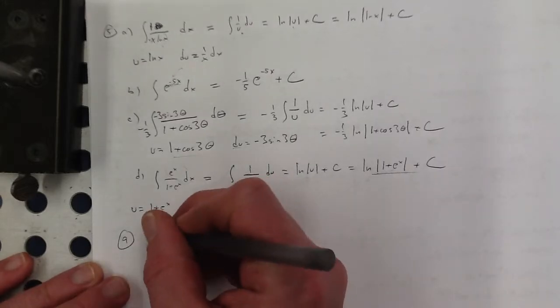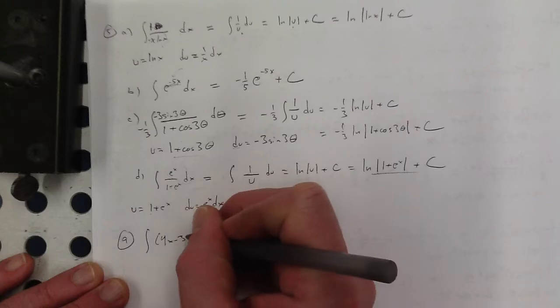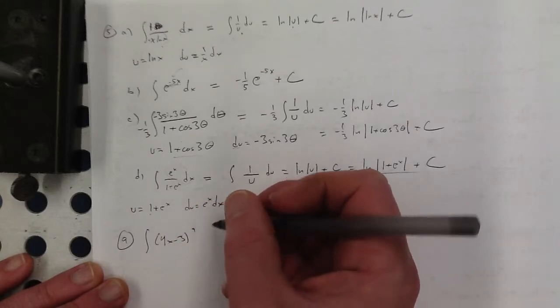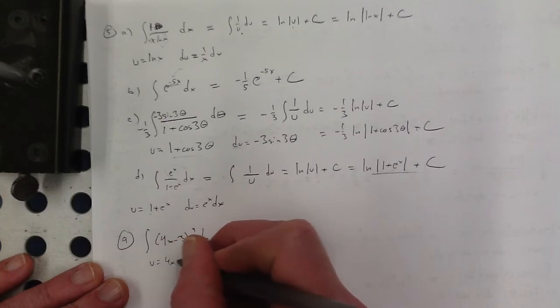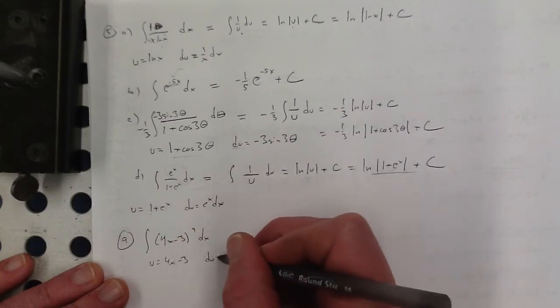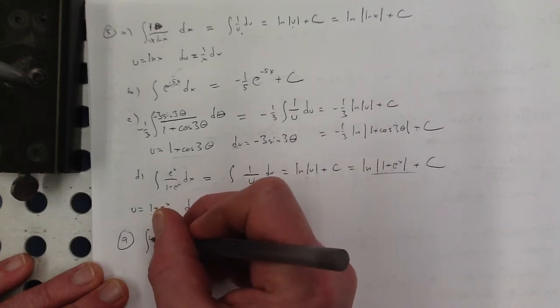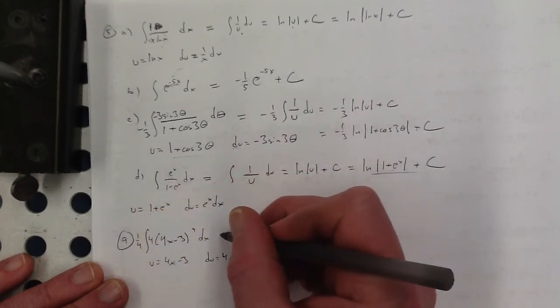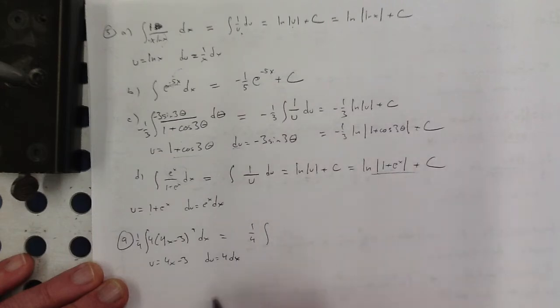All right, so number 9. Here we go. We've got 4x minus 3 to the 9th dx. So if the u was 4x minus 3, du is 4 dx. So I need a 4 in here, which means I need a 1/4 on the outside, which means it's 1/4 times the integral.